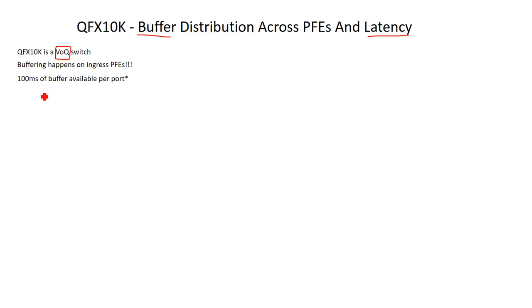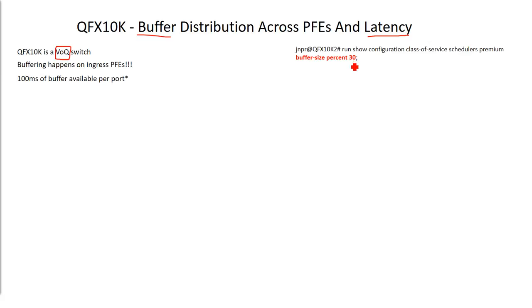And here we are used to thinking of 100 milliseconds of available buffer per port. And usually that means egress port. But we need to be aware of the fact that this 100 milliseconds is going to be distributed across ingress PFEs. So I will be observing only one queue, and I have allocated certain buffer space for it, like 30%.